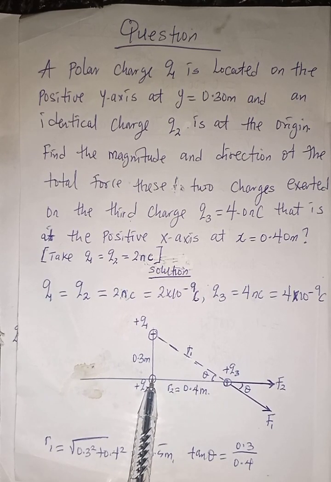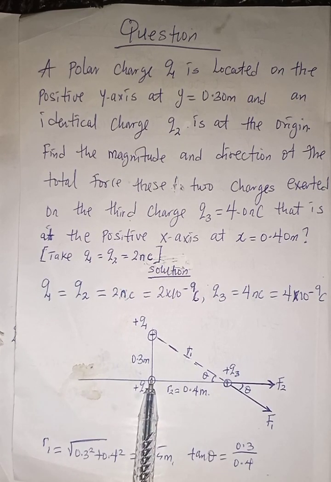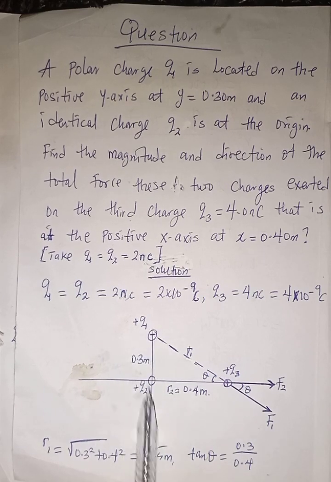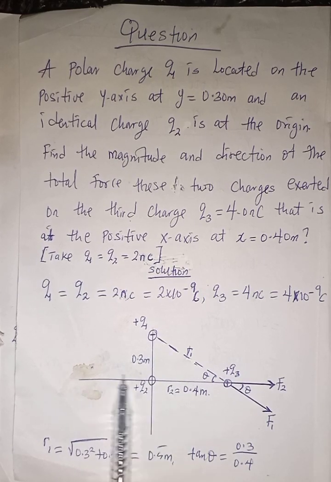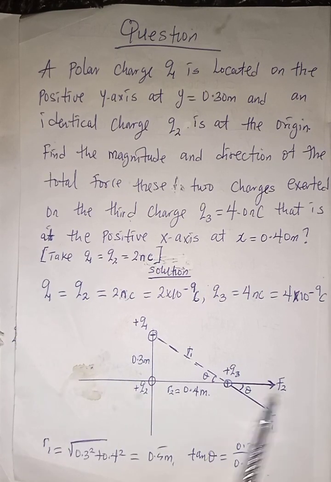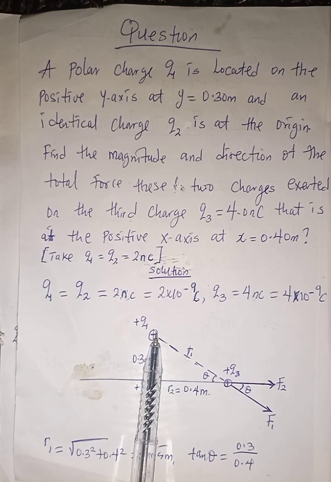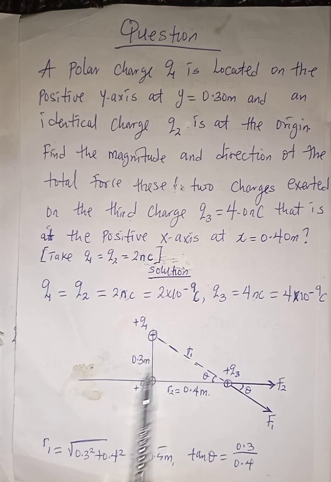Q1 is at the positive y-axis at y equals 0.3, so you just measure 0.3 to the upper side. The upper side of y is positive, the downside is negative. The left side of x is negative, the right side is positive. Just understand those simple terms, it's very important. So you measure 0.3 to this side, then you put your Q1 there. From here to here is 0.3 meters.